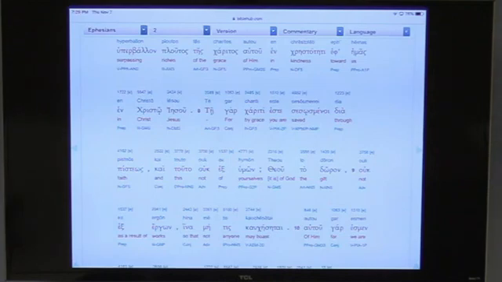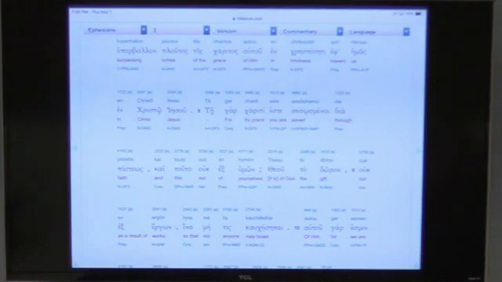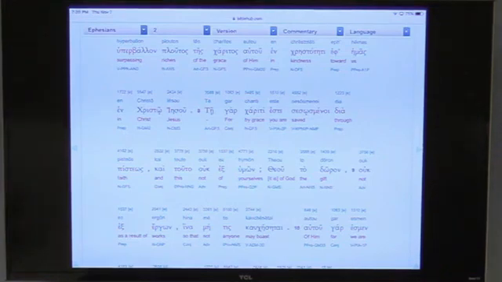And if we were doing an exegesis of this, we'd ask why the article is there. One reason might be that he's talking about something specific, a specific grace. Or it could be something he's referred to before, and so we would call that use of the article previous reference. So he's referring back to something he talked about previously. So that's my short answer to your question.